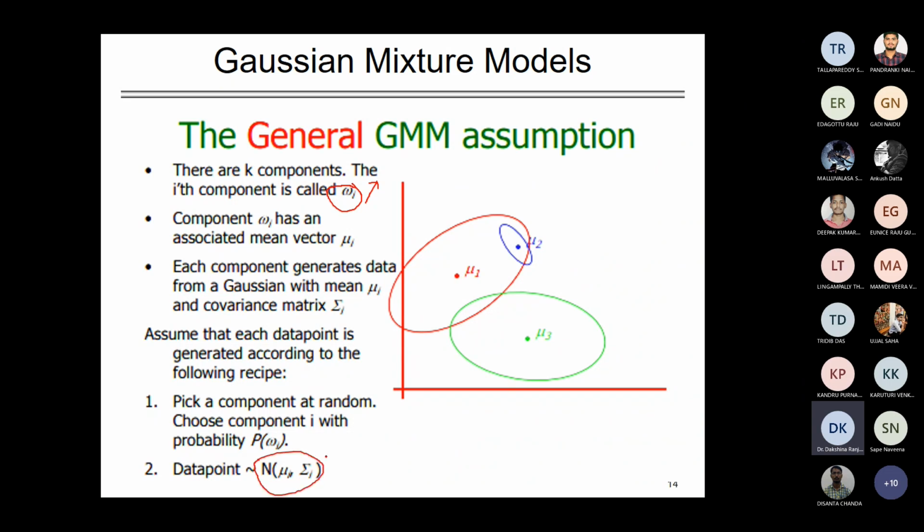When we fit this into the Gaussian or normal distribution equation, we can get the density with the mean and corresponding covariance matrix for a particular component.